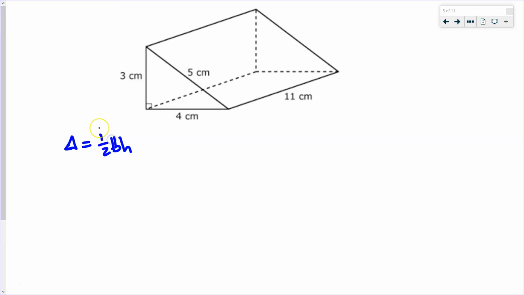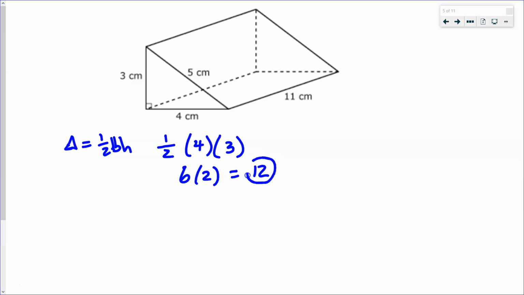You got to start committing these to memory now. Okay, so we're going to go 1/2 times the base, which is 4 right here, times the height, which is 3, and that's going to give us 1/2 of 12, which is 6, and we're going to multiply that by 2 because the triangles are congruent. So that gives us 12. Okay, I got my triangles.